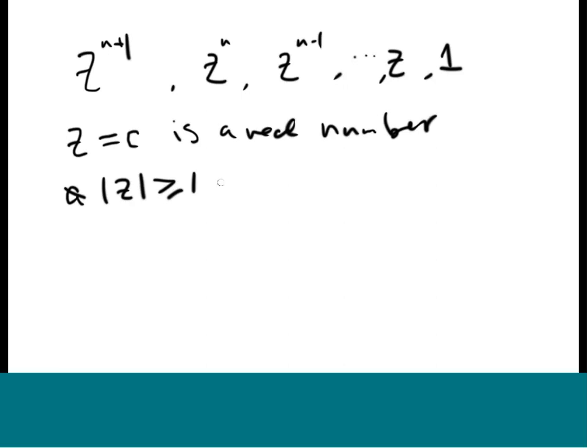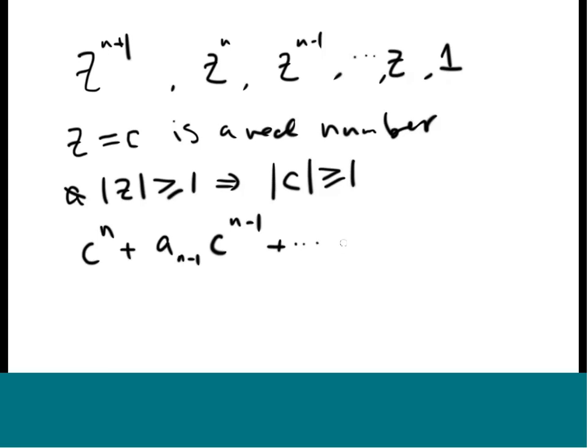So which means the absolute value of C is greater than 1. So you plug into the real number again, so C to the N plus An minus 1 times C to the N minus 1 plus dot dot dot plus A0 equals 0.